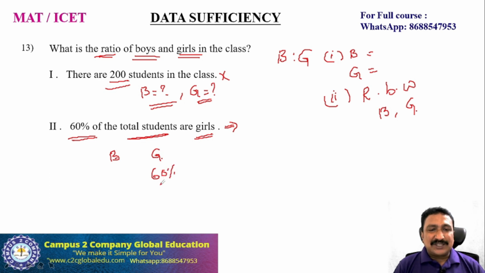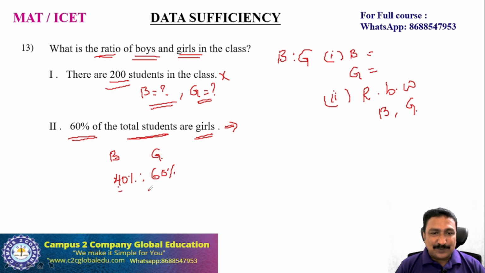So 60% of students are girls means, according to percentage basics, if one value is x, the other value is 100 minus x. So here girls are 60% means boys are 100 minus 60, which is equal to 40%. So according to the second statement, when girls are 60%, boys are 40%.